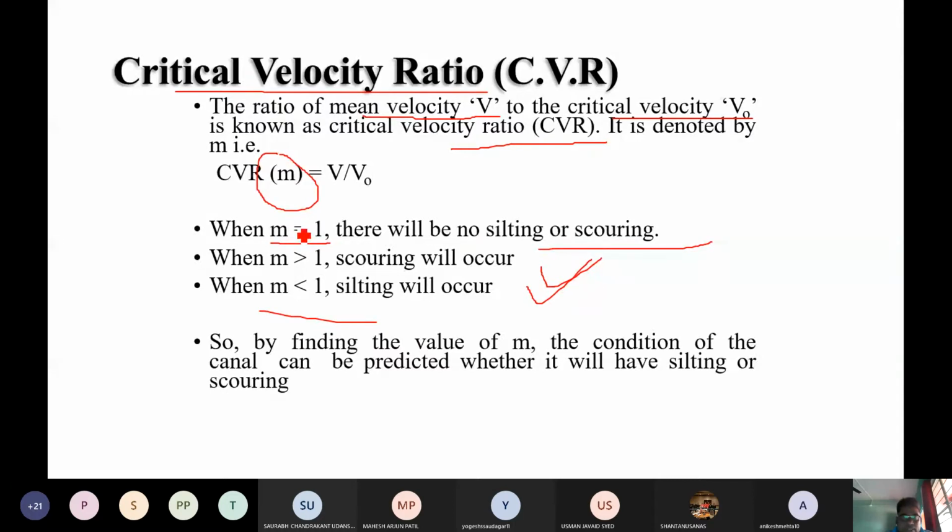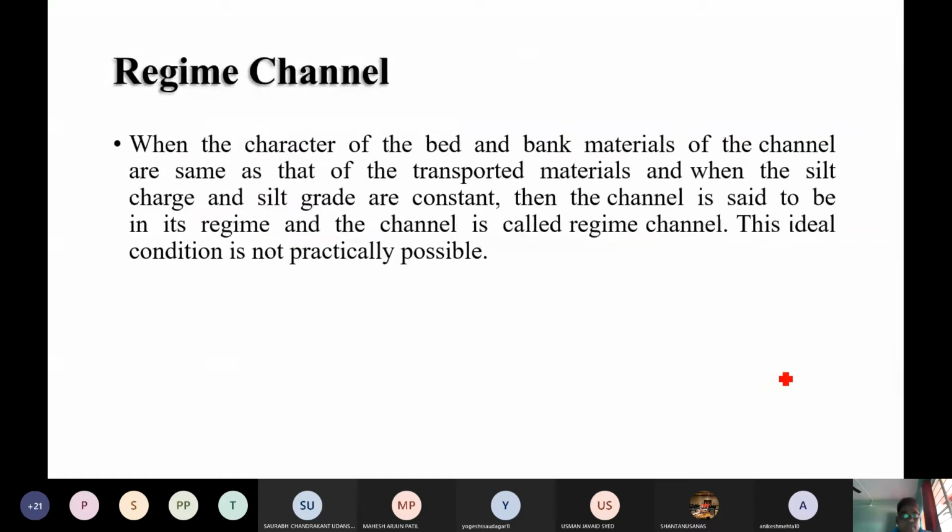So according to the value of M, you have to identify the features of the canal: either scouring takes place, or silting takes place, or your channel is the ideal channel, with no silting and no scouring. So the condition of the canal can be predicted, whether it will have silting or scouring action.